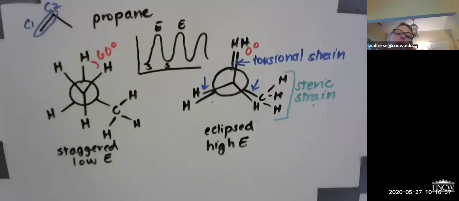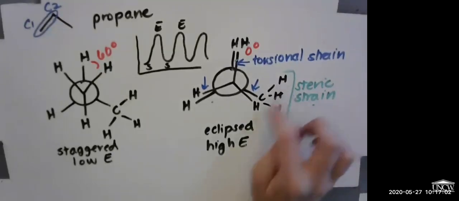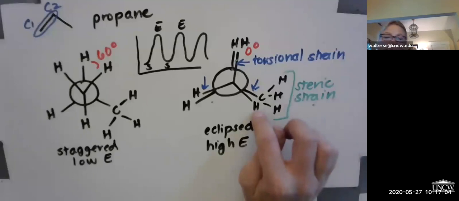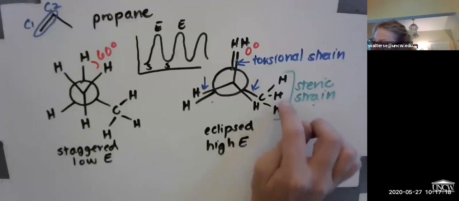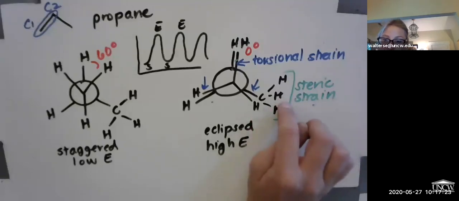Okay. So hydrogen is really small. Let's say, for example, that you had an iodine here. Iodine is huge. So the iodine to methyl steric strain would be higher than hydrogen to methyl steric strain.